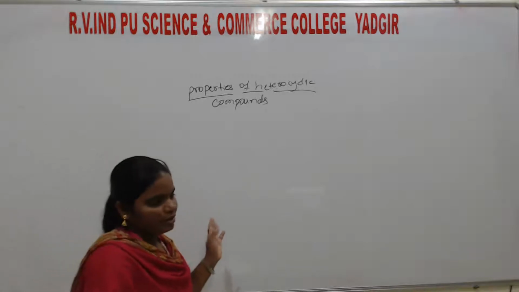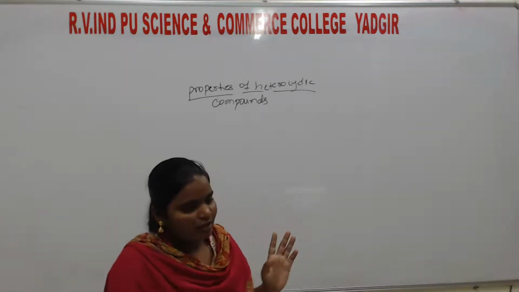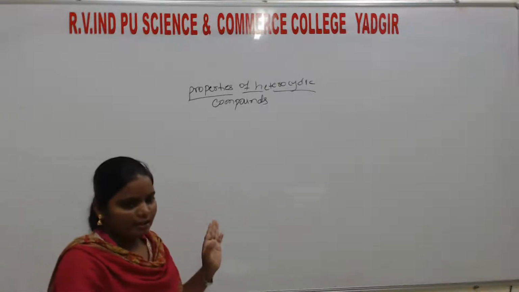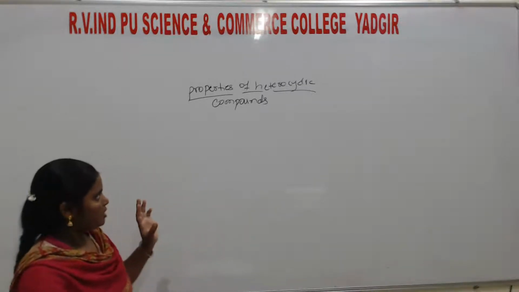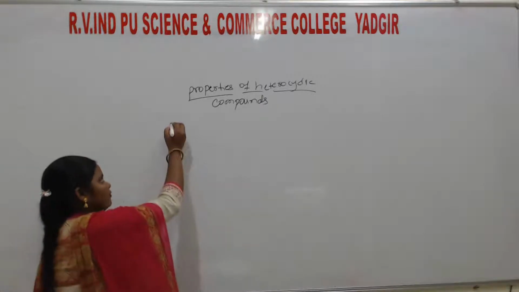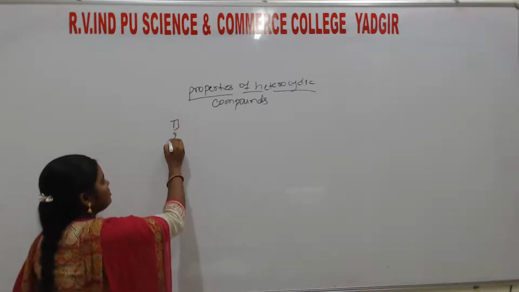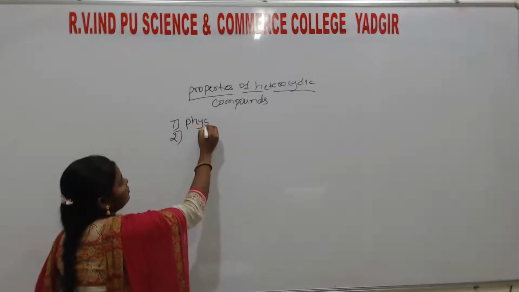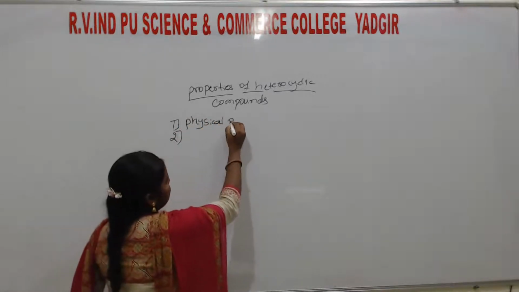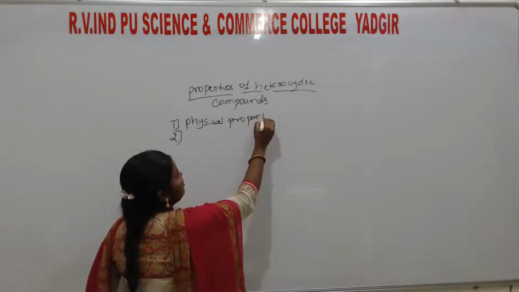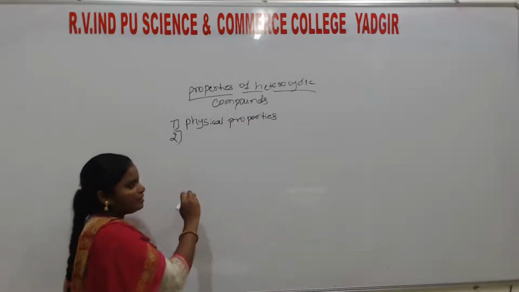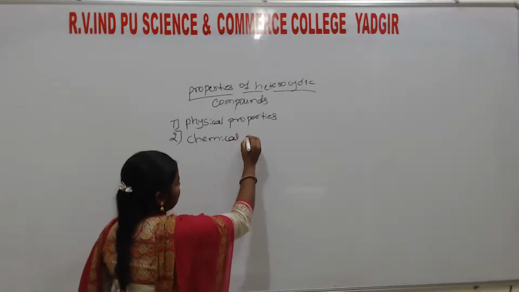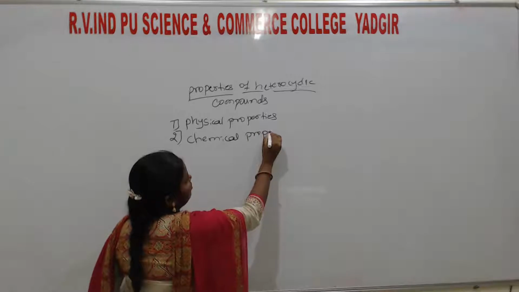Heterocyclic compounds means pyrrole, thiophene, and furan. These are the heterocyclic compounds. There are two types of properties here. One is the physical properties, and another is the chemical properties.